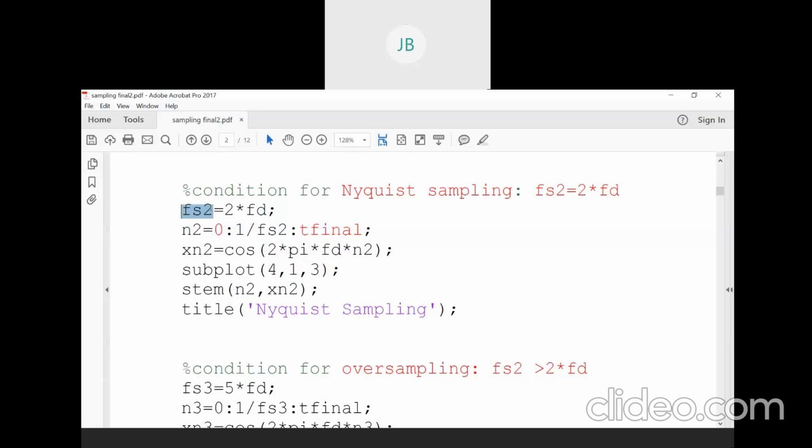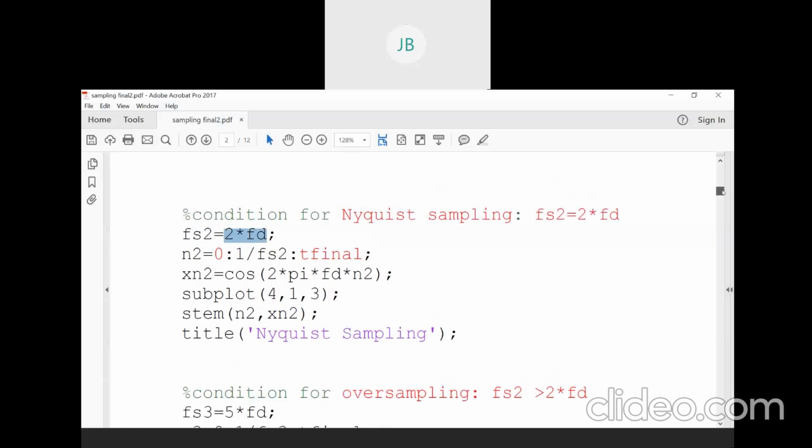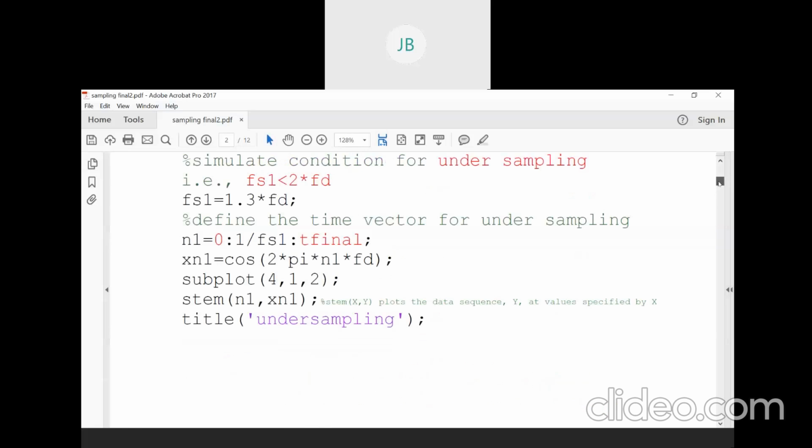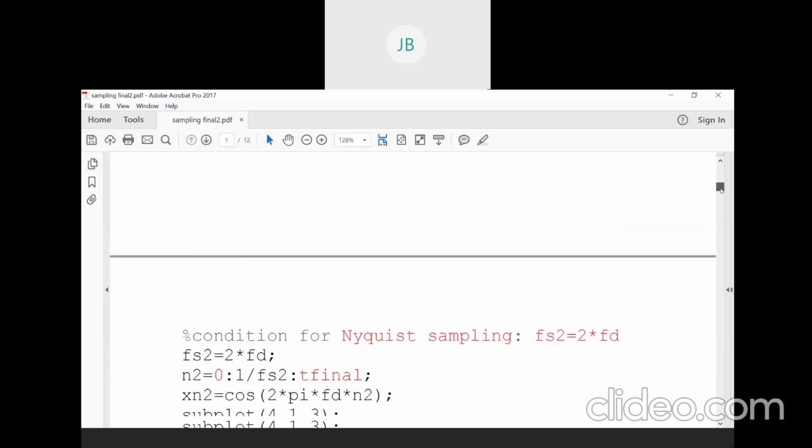So we have defined fs2 here. fs2 is a larger value now, right, compared to the undersampling case. In case of undersampling, what was the situation? fs1, that is 1.3 times fd. So this is a smaller frequency. So when you take the inverse 1 by fs1, the time gap becomes more.